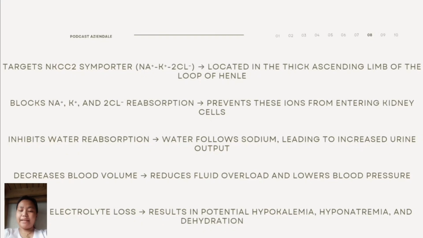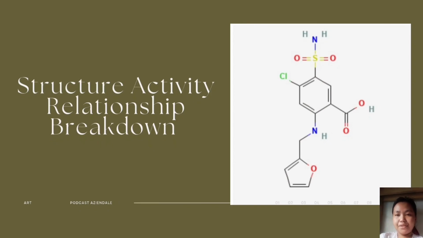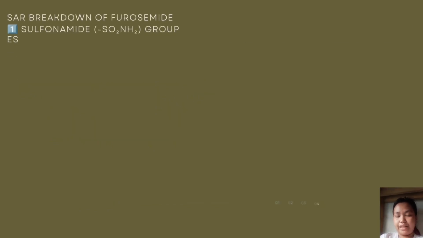By blocking NKCC2 transporters, furosemide disrupts this process, resulting in rapid and significant diuresis. This makes it highly effective in conditions where excess fluid accumulation is a problem, such as heart failure and kidney disease.